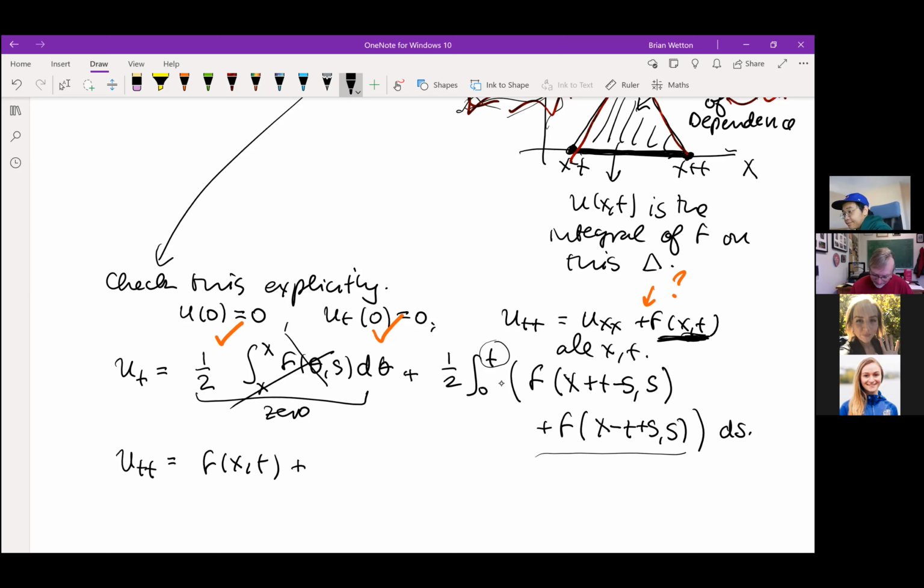And then I'm going to have 1/2 the integral from 0 to t. Now I have to take the derivative of this stuff, right? And that's just f prime at x plus t minus s. And then I'm going to have minus f prime at x minus t plus s. Oh, and this is also evaluated at s, ds.